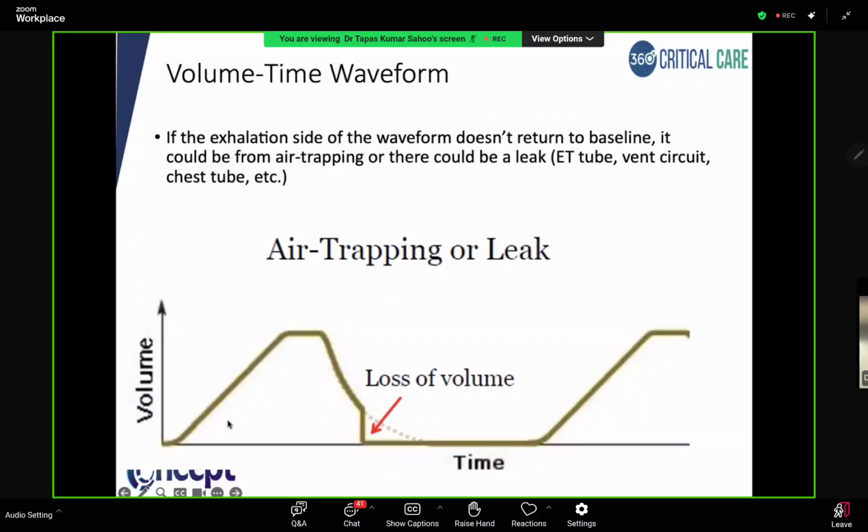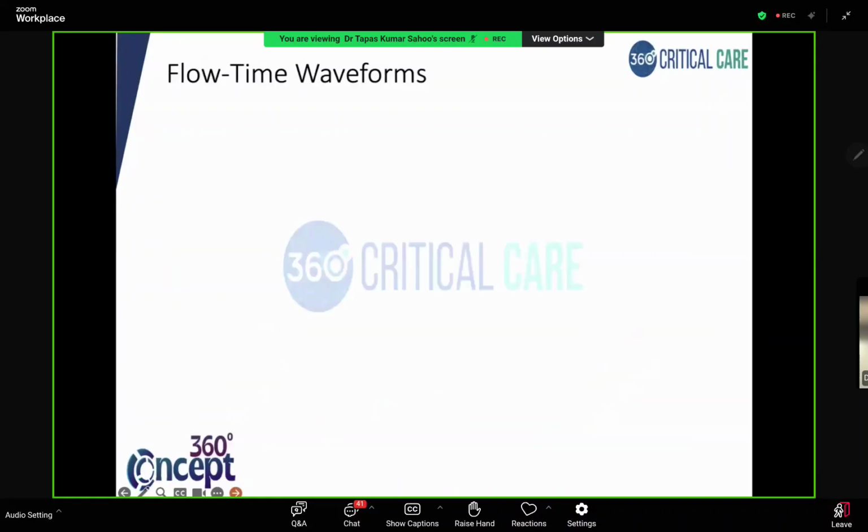So the waveform goes up in the inspiratory phase, reaching the peak inspiratory volume, but in expiration, there is a loss of volume. Then again your ventilator gives the inspiration and it reaches the peak inspiratory volume. So there is a definite loss of volume happening, and that guides you to troubleshoot something so that there would be no loss of volume.